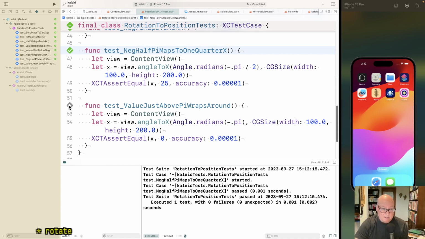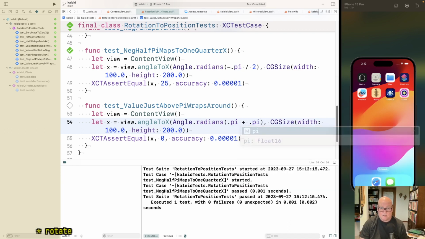And now this one is the case of ones that went around in the forward direction but went past 0 and now they're negative, slightly negative. Okay, so value just above pi. Let's take pi plus pi divided by 2.